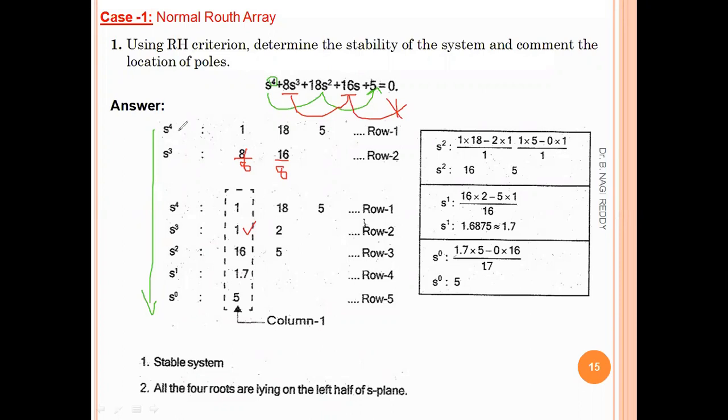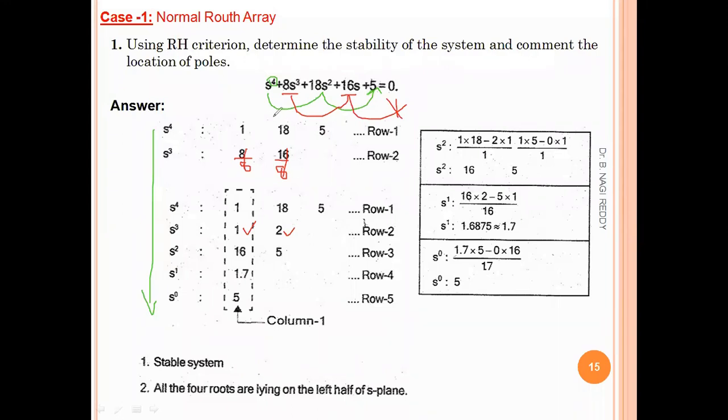Now rewrite this row again. So 1 here, and 16 by 8, we can write 2 here. This is for simplification purposes. If there is any chance to simplify like this, then we can simplify it.